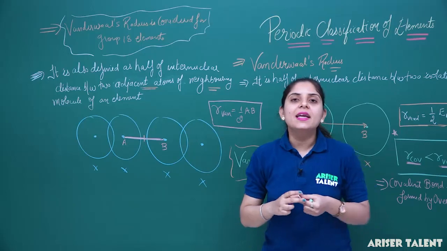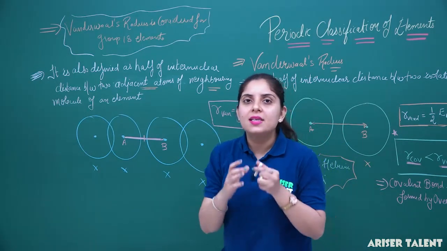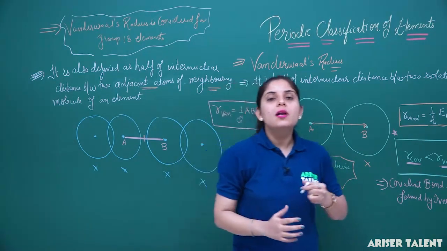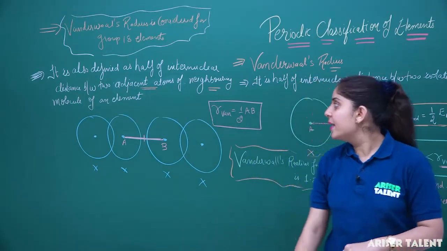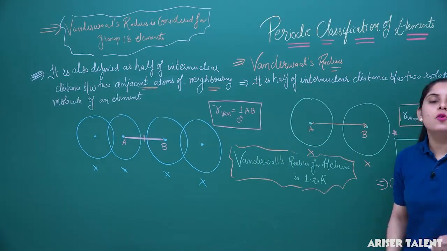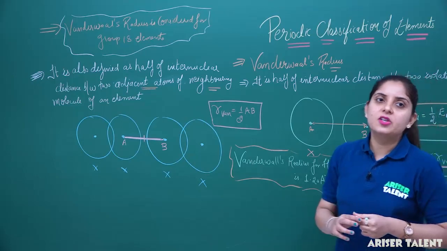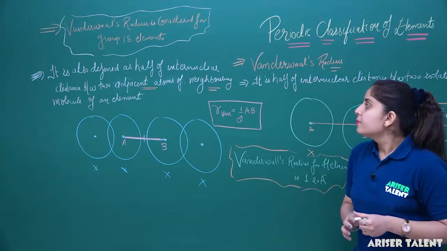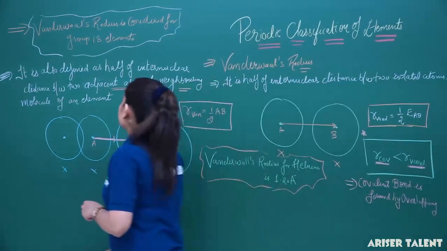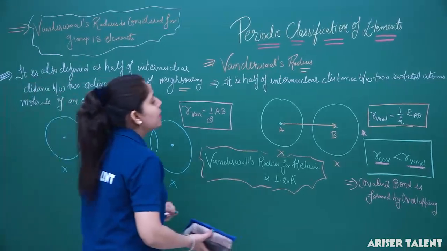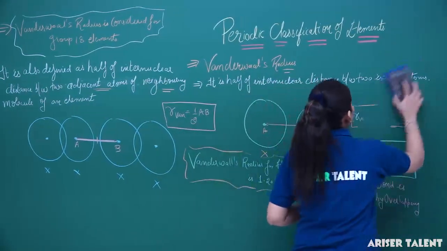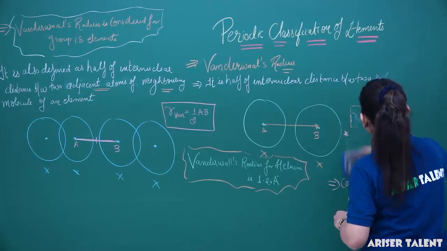Now the third category of radius we have to discuss is the metallic radius. So let's move to the metallic radius. Just copy this from here so it may be easier to learn the definitions. Now let's move to our next topic, which is about metallic radius.